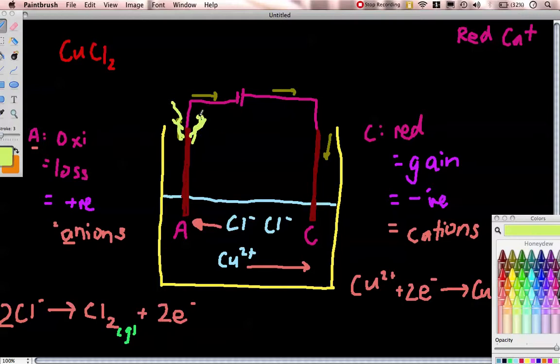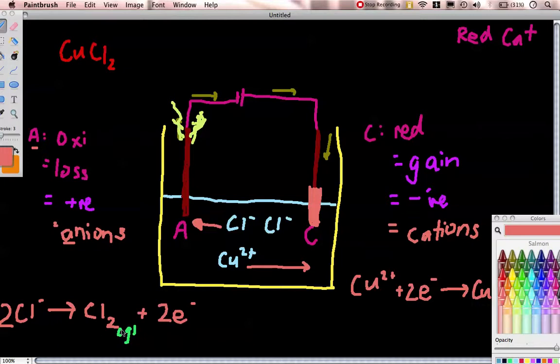So you can actually see a yellow-green gas being emitted, and likewise you can see a salmon pink metal of copper starting to coat your cathode. So it's a way of getting solid, very valuable, useful copper from a molten copper salt.